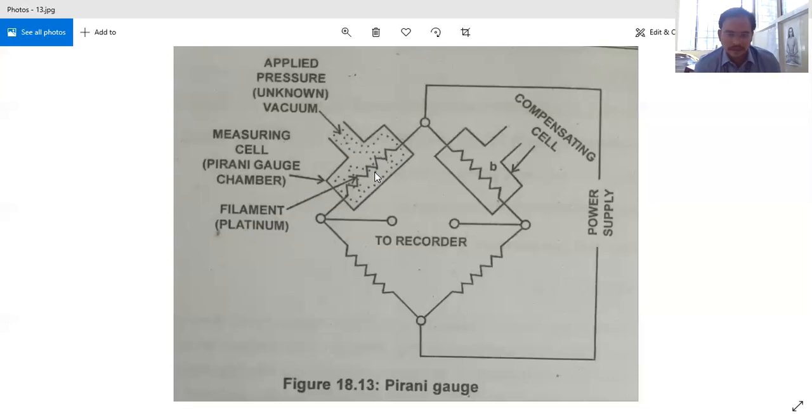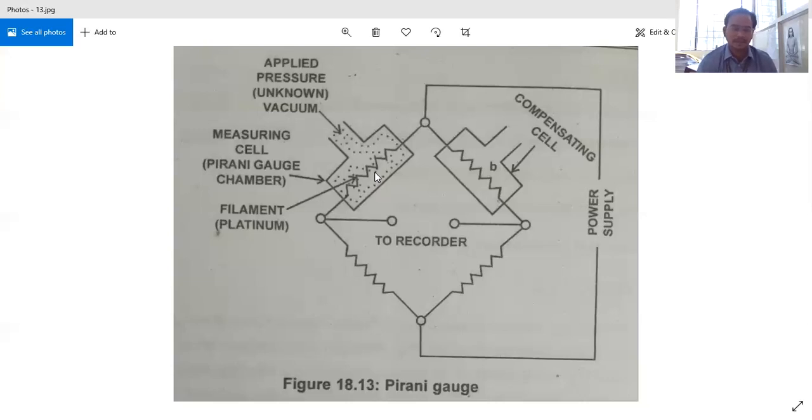As soon as the gas enters, there is a change in density of the surrounding atmosphere, and the resistance of the conductor will change.